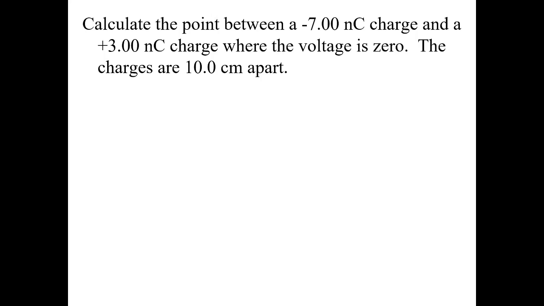Now we want to deal with, well, what if you have more than one charge? And we want the point where the voltage is 0. So how are we going to do this? No problem. -7 nanocoulombs. And then over here, it's going to be 3 nanocoulombs.